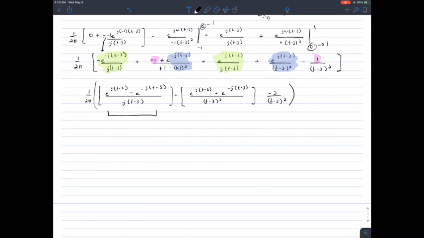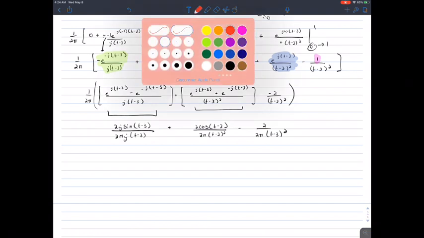So now all of this is going to be equal to 2j sine of (t minus 3) over 2 pi j(t minus 3), plus all of this is going to be a cosine, so it's going to be 2 cosine (t minus 3) all over 2 pi (t minus 3) squared, minus 2 over 2 pi (t minus 3) squared.